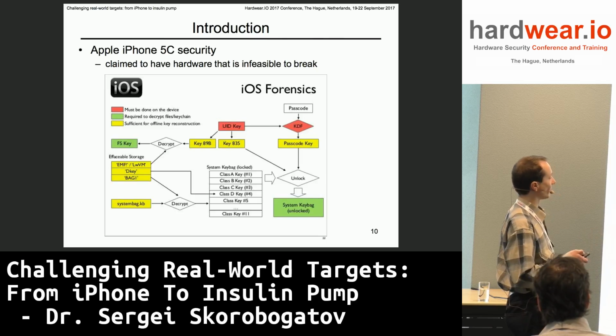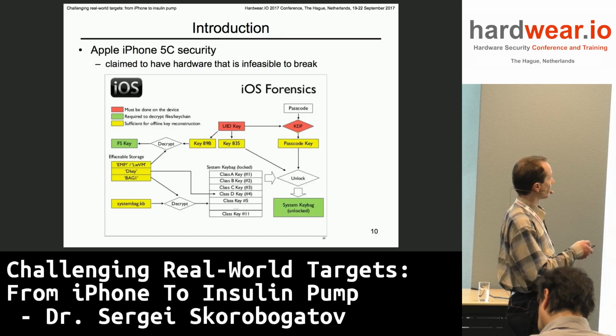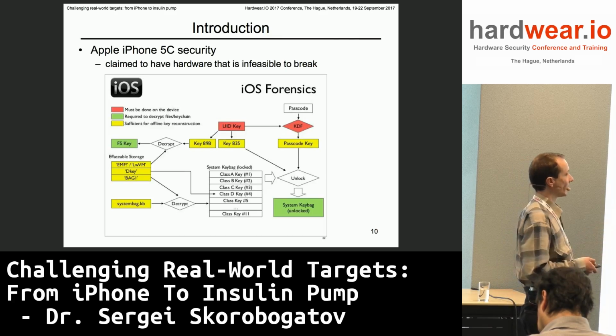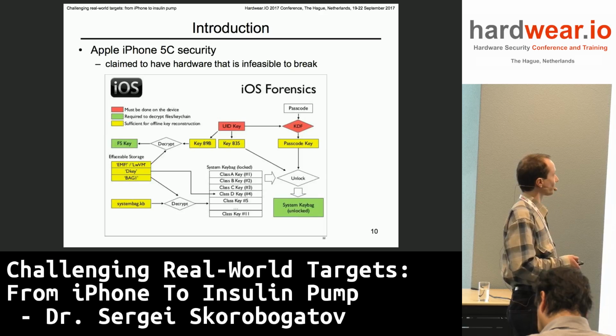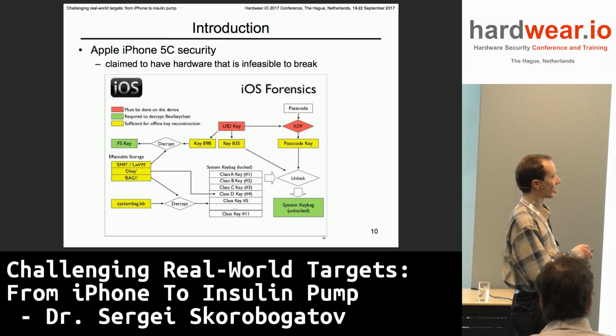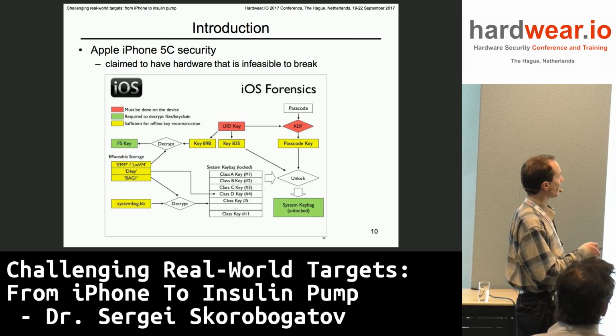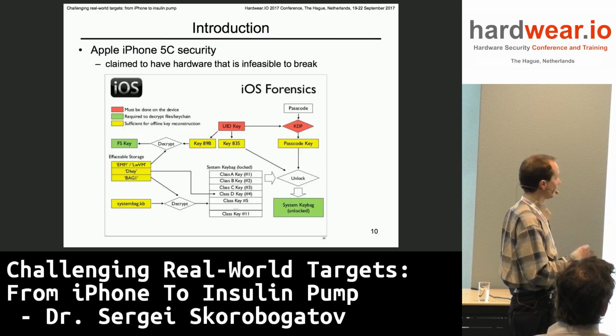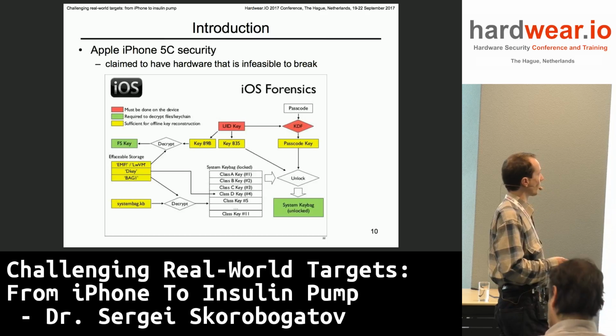When they ship the phone from the factory, they program a so-called UID key inside the device, and then they use a hardware logic to calculate the actual key from the passcode the user enters into the system.